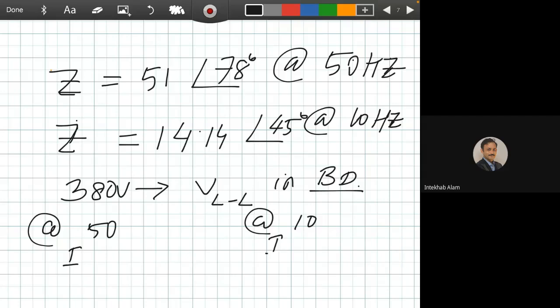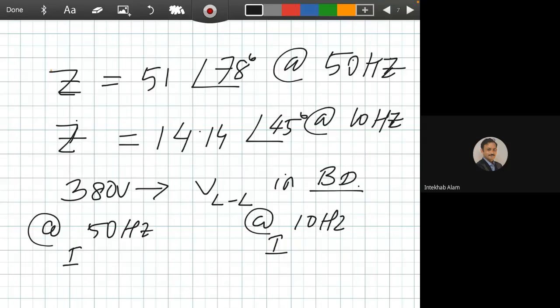Sadman Haq, could you please find the current? Barzana Umama, please find the current for 10 hertz. And Sadman Haq, please find the current for 50 hertz.